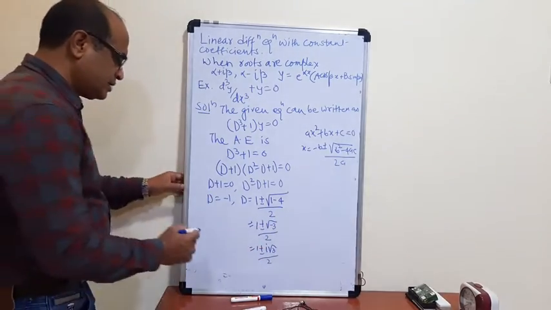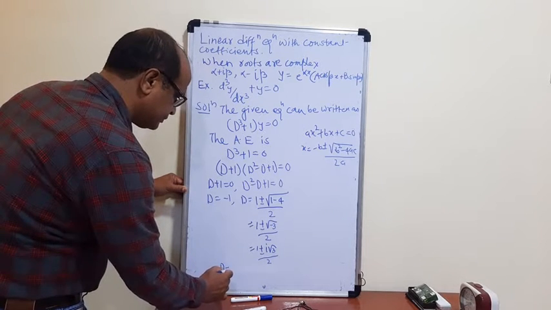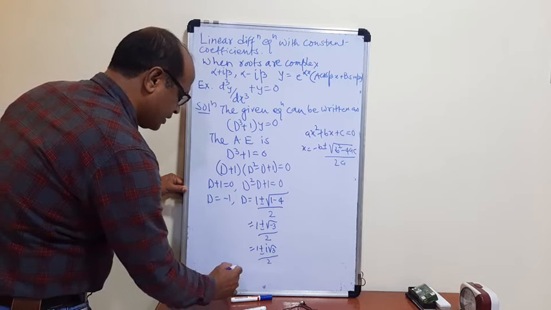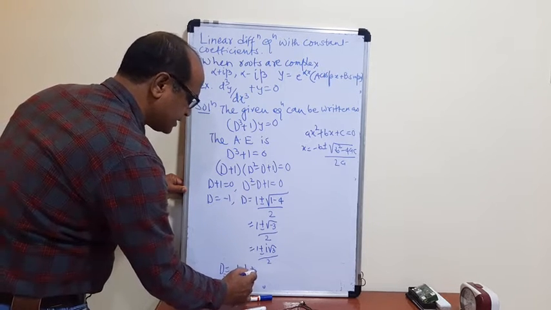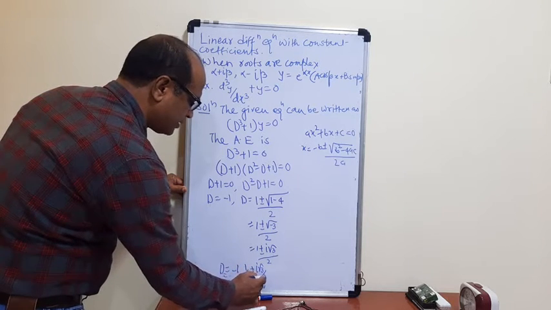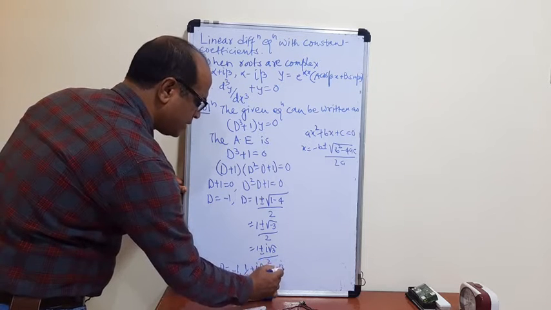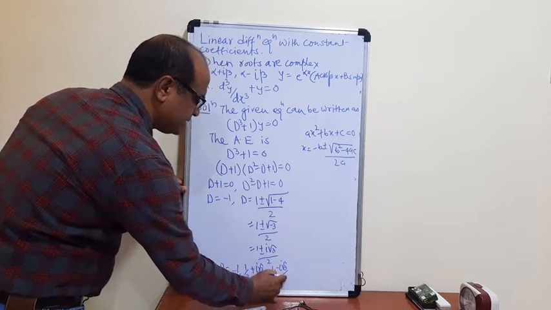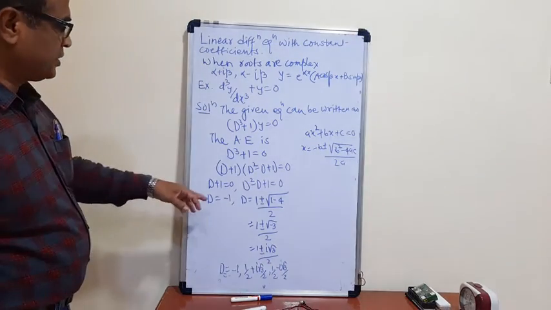So what are the roots of this equation? d is equal to minus 1, the second root is 1 half plus i root 3 by 2, and the third root is 1 half minus i root 3 by 2. These are the three roots of this equation.